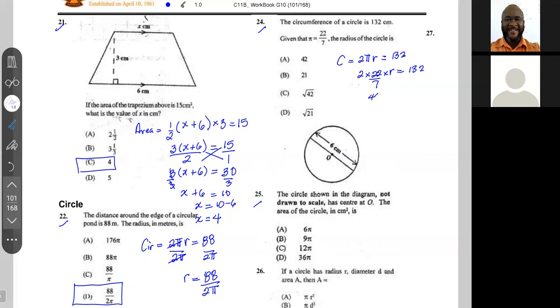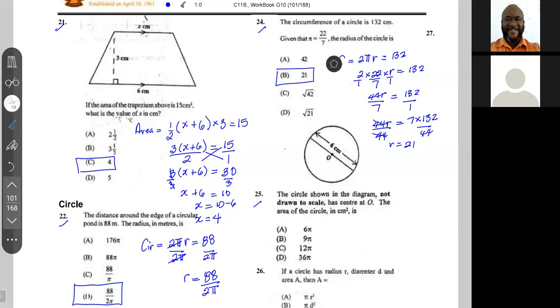So 44r over 7 is equal to 132 over 1. Cross multiply. 44r is equal to 7 times 132. Divide both sides by 44. And we get r is 21, because 44 into 132 is 3, and 3 times 7 is 21. So the answer for 24 is balloon.